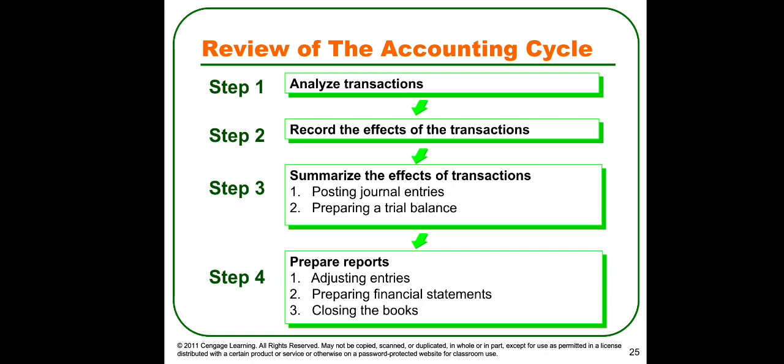The second step is journal. After you have done the analysis, you have to record the business transaction in the journal. Journal is the first book in accounting. Step 3 in the accounting cycle is ledger.